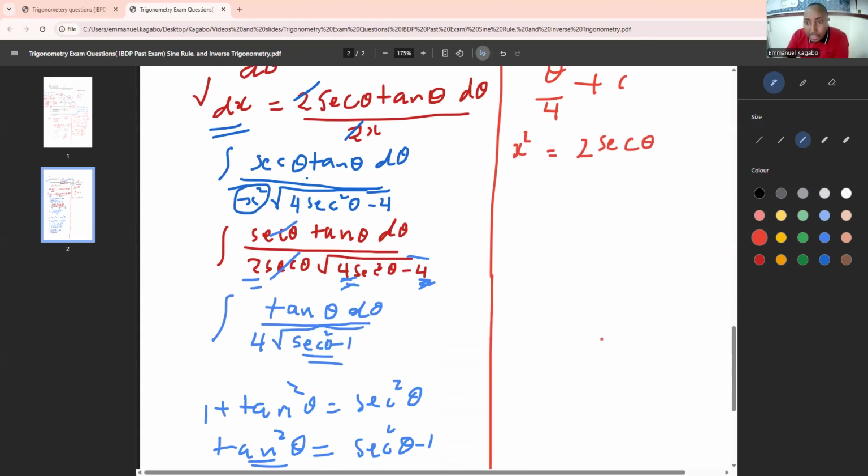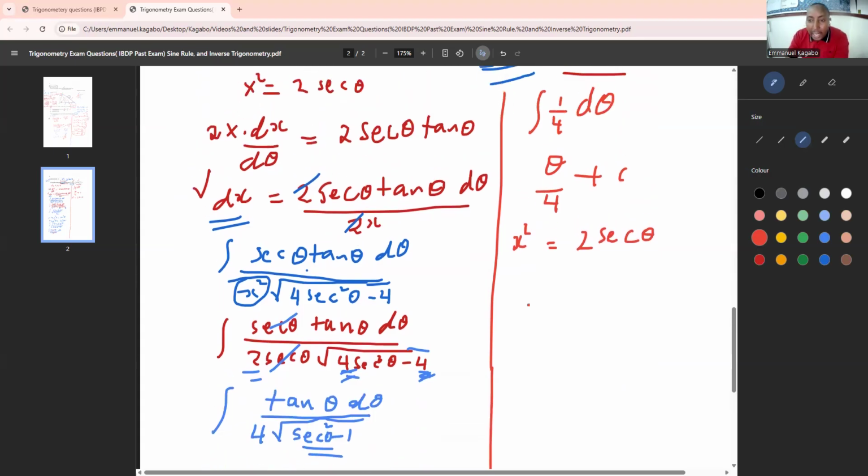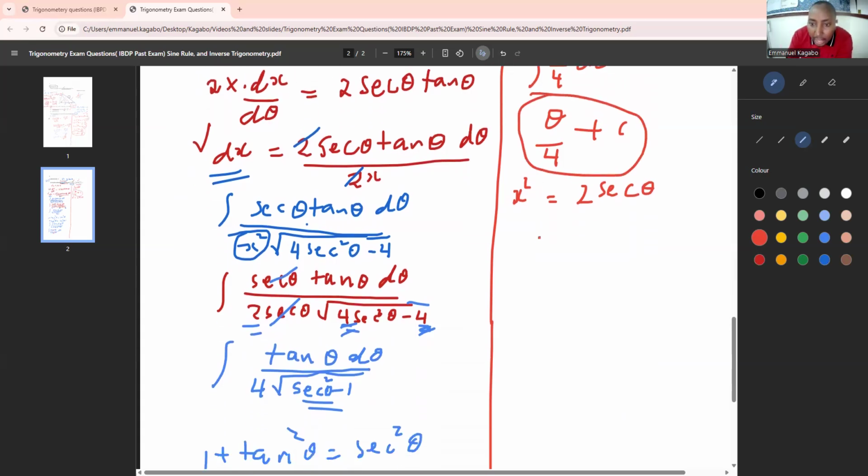From here, I can make theta the subject, and then I go back to my question. Now, I'll divide by 2 both sides. I'll get x squared over 2 equals sec theta, right?